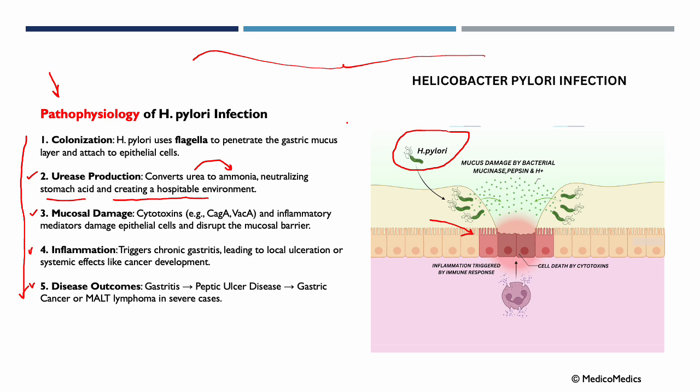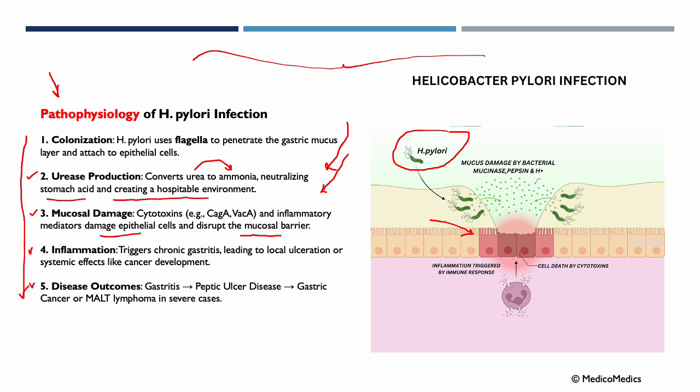So once it's entered, it converts urea to ammonia, makes the environment more hospitable so it can continue to survive. It then targets our mucosa, and cytotoxins and different inflammatory mediators all begin to damage the epithelial cells and continue to disrupt the mucosal barrier.